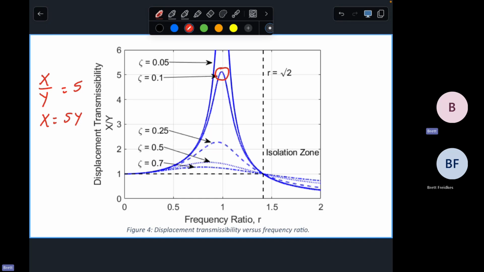And at that location to the right, we have something called the isolation zone, meaning that the mass really isn't moving anymore. It's moving less than any sort of deflection that is occurring from the base. Again, that mirrors what we talked about in the past with our input force. If the frequency is really high, we'll have some sort of decrease in deflection because the mass does not have time to respond. Does that make sense? Is that okay?